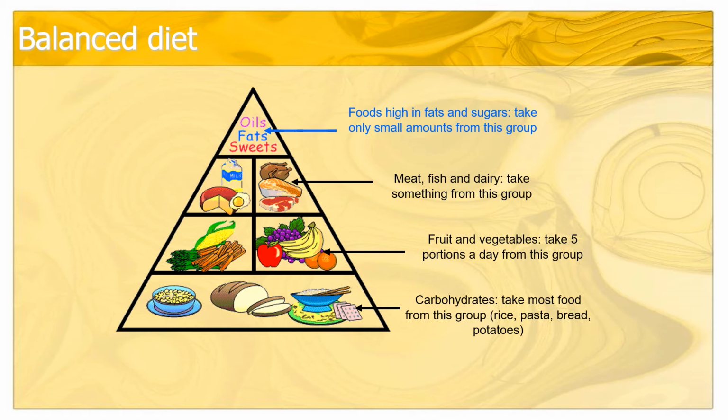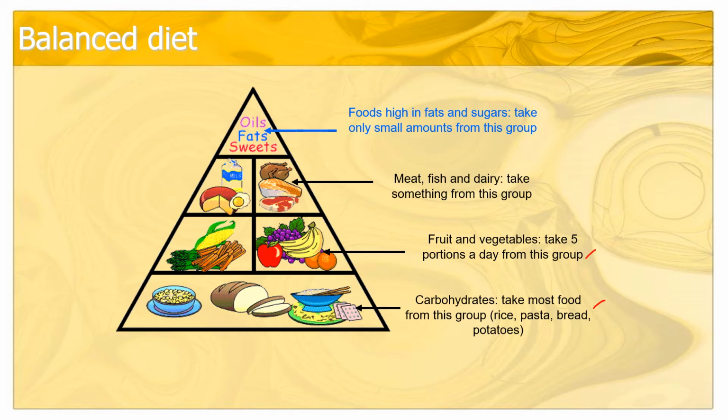Now, to make sure that we have a balanced diet, we need to follow this healthy eating pyramid. This shows us that we need to take most carbohydrate from our food that we eat, for example, the rice, the bread, or the noodles. We also have to take 5 portions of fruits and vegetables.